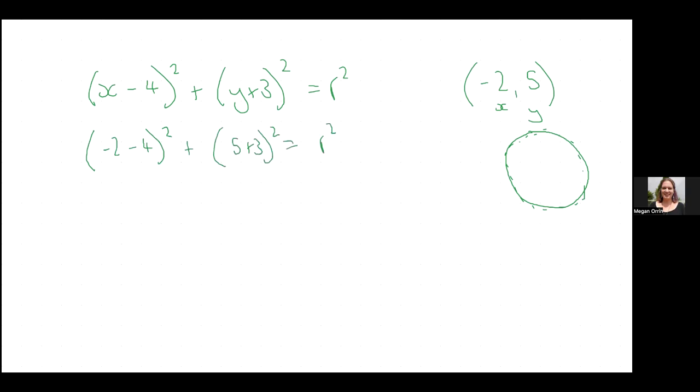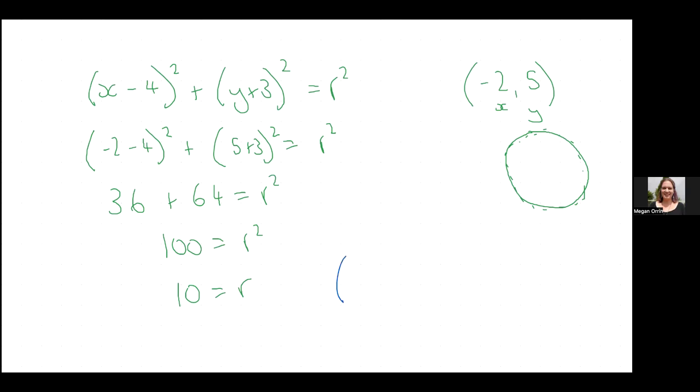So negative 6 squared, 36, 8 squared, 64, equals r squared. So that's 100. So that means that r is 10. So I found the radius. So what I can do now, usually you'll be asked to rewrite the original equation properly.